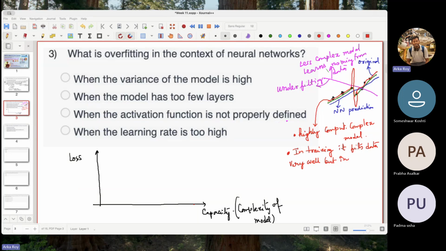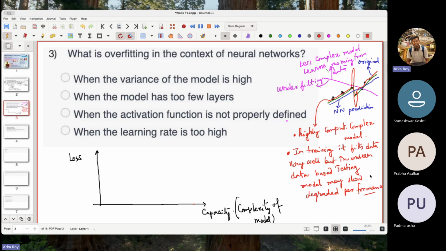But in the case of testing on unseen data, the model may show degraded performance.